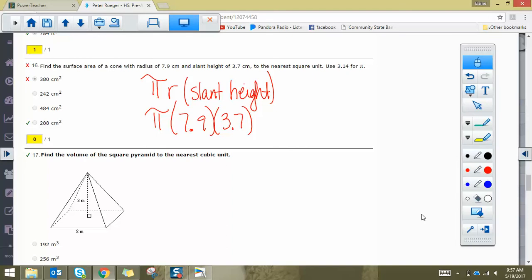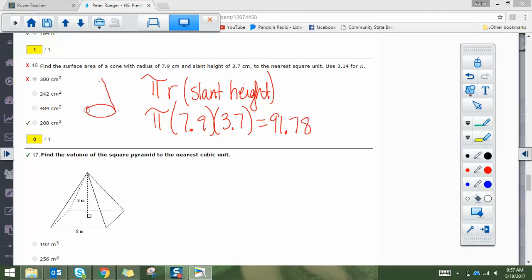So that gives you 91.78. So again, I'll draw the cone to help see here. That's the area of the outside edge, or around the top part of the cone. Let's say it's an ice cream cone that you hold. Now we have to do the area of the circle and add that together. So if the radius is 7.9, the area of a circle is pi r squared.